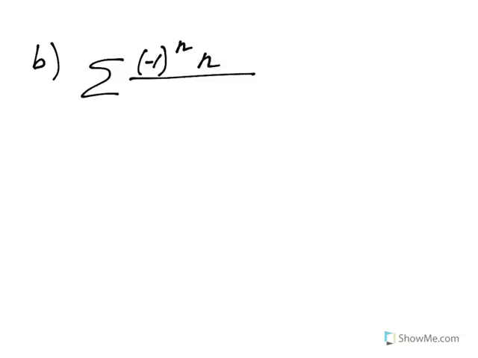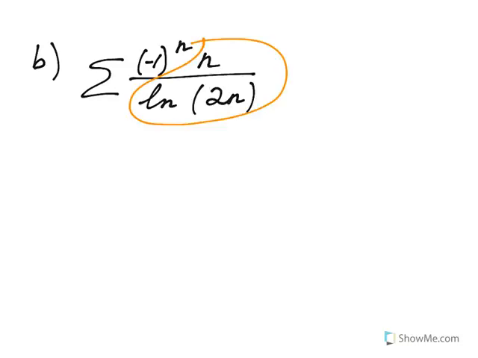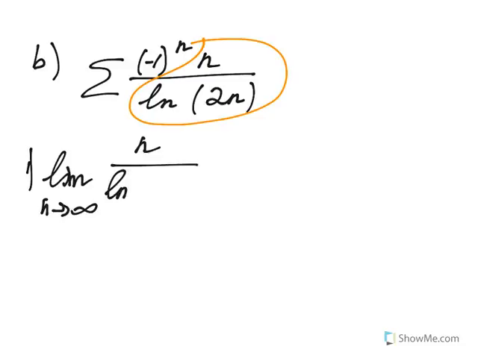Okay, B. Now it's n over ln of 2n. So again, let's focus on this part right here. Take the limit, see what happens. As n gets bigger and bigger, ln of 2n gets bigger and bigger, the numerator gets bigger and bigger, so it's infinity over infinity. You can apply L'Hopital's rule. Take the derivative of n, you get 1.